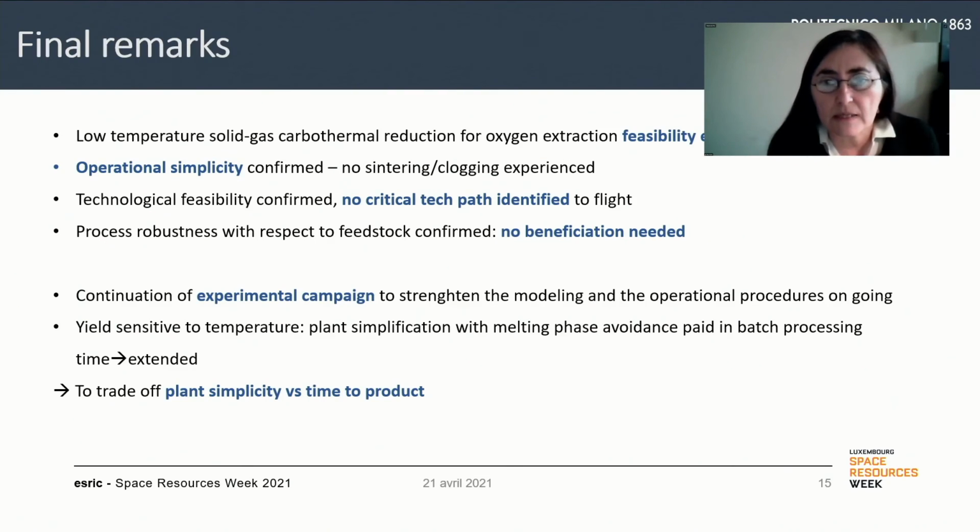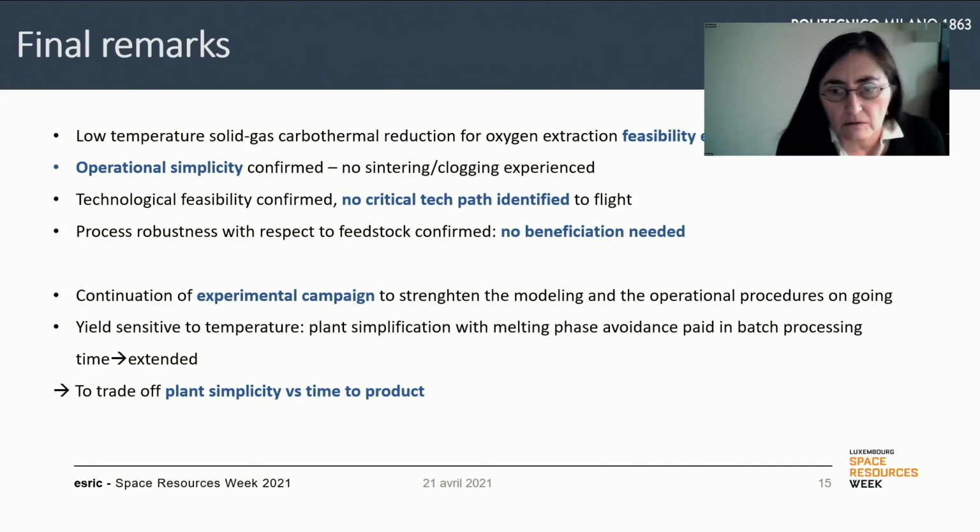As I don't want to waste time, I conclude my presentation saying that our experiments so far confirmed the possibility to obtain water from the solid-gas reaction, and to keep on going with the reaction. So not having one flux and that's it, but having this sort of cycling with the same batch of regolith up to wasting and removing all the oxygen that we can. Operations are quite simple.